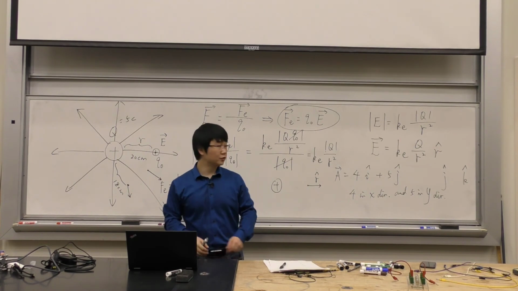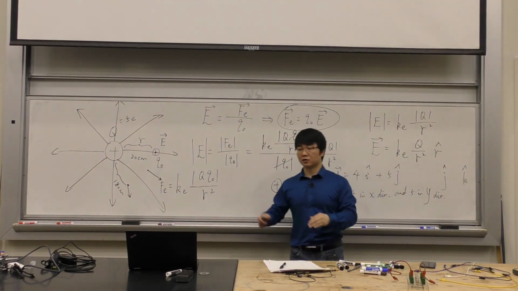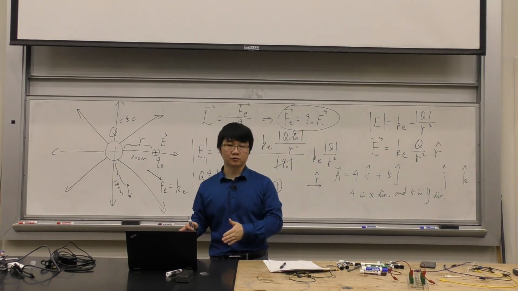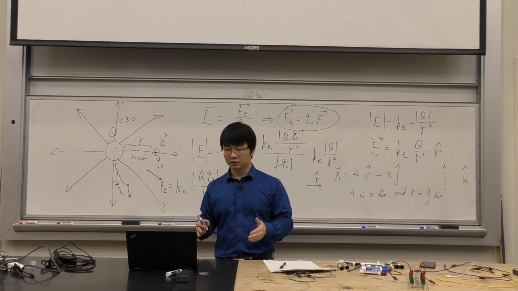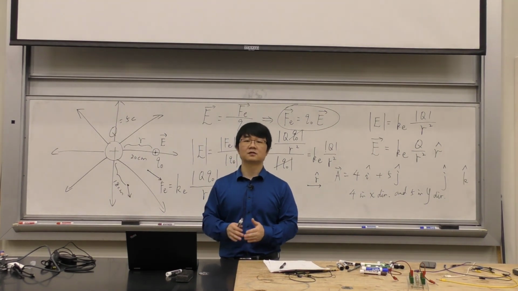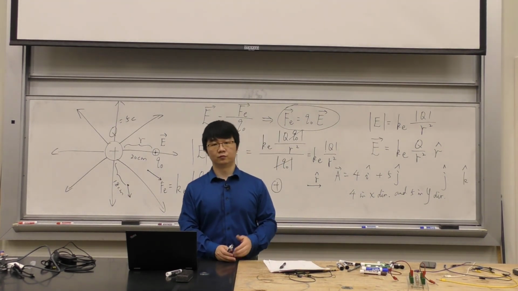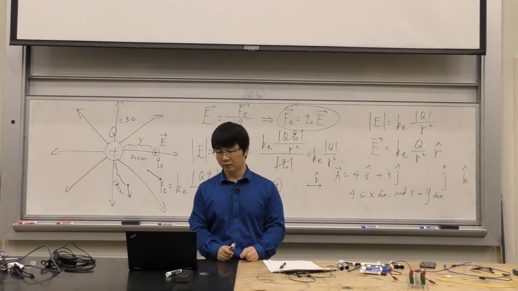So you're going to use this equation to find the magnitude, and then you're going to use our convention to draw these arrows, away from a positive charge and toward the source charge when the charge is negative. That's the theory you use when you calculate the electric field produced by a source charge.